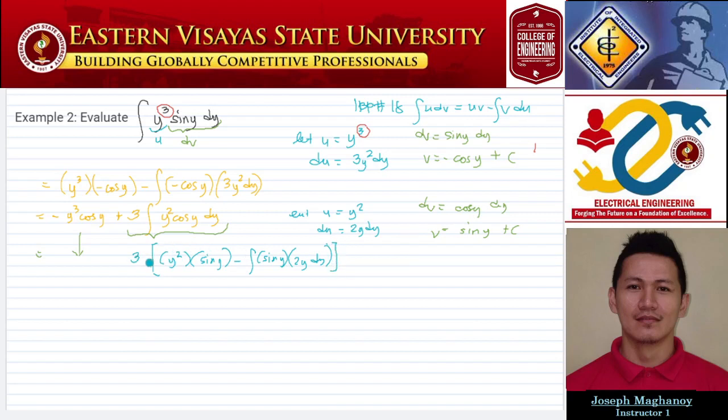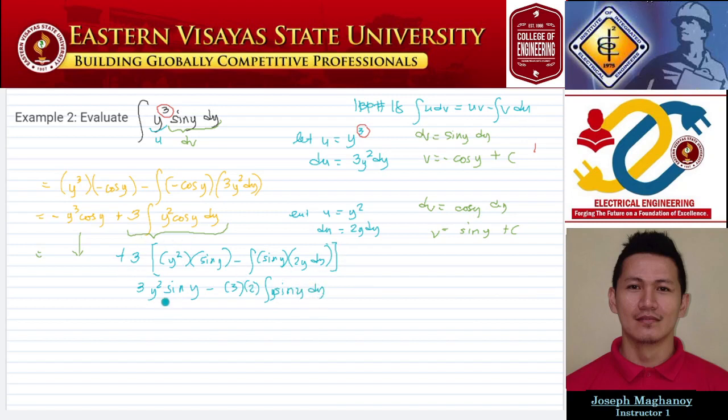We apply our 3 since it's outside the bracket. So if we're going to apply our 3, going back inside, so that is 3y squared sine y minus 3. Oops, we have a real number constant again, 2 integral of y sine y dy.